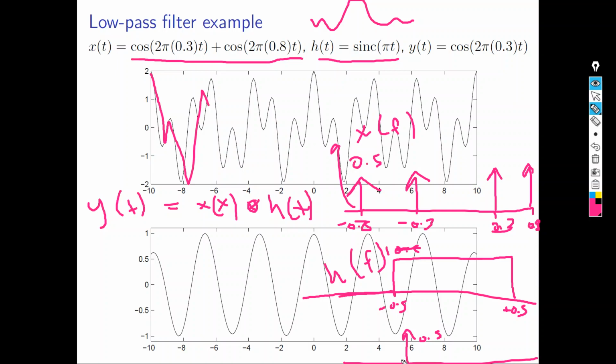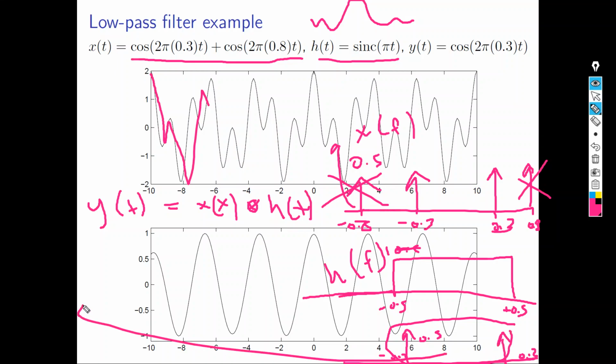The amplitude is 0.5 at minus 0.3, and you get another one here at 0.3. So this and this, they die. They go away. Only these two remain. This is in the frequency domain. Can you take it to time? Yes, it's easy. Just cosine 2πft. What's f here? 0.3. So basically the output is this function alone.